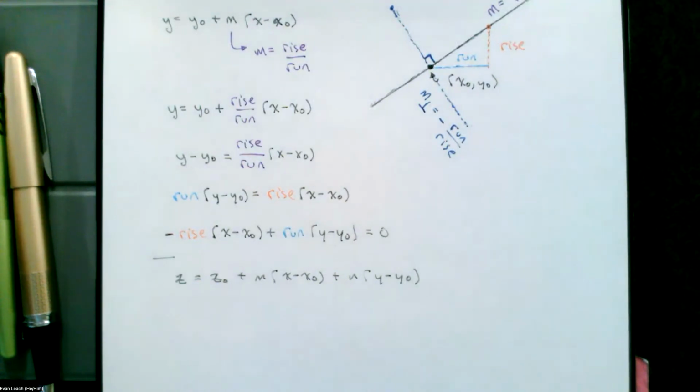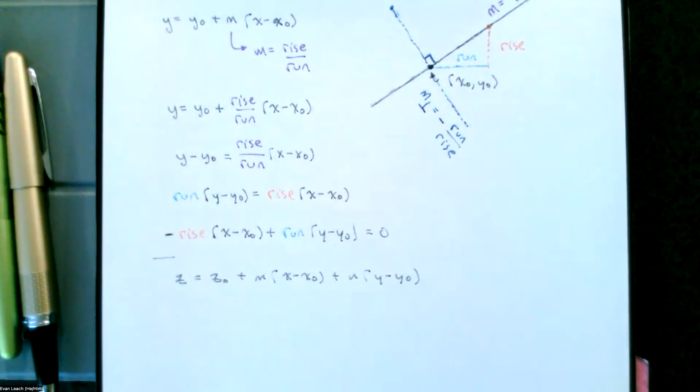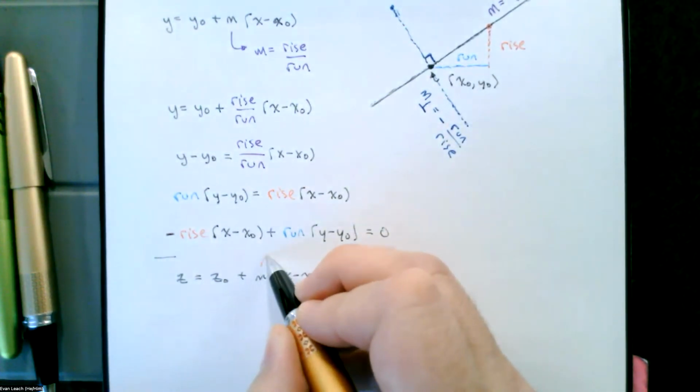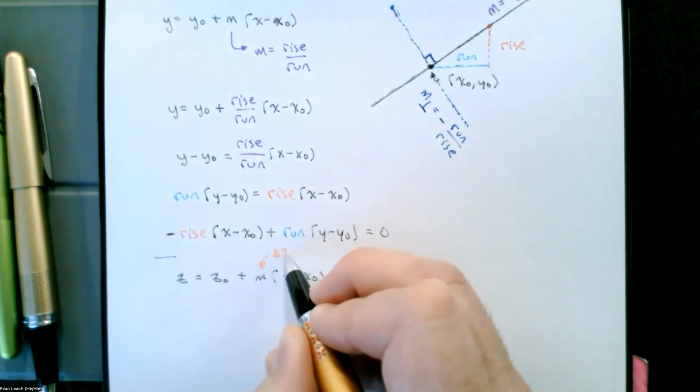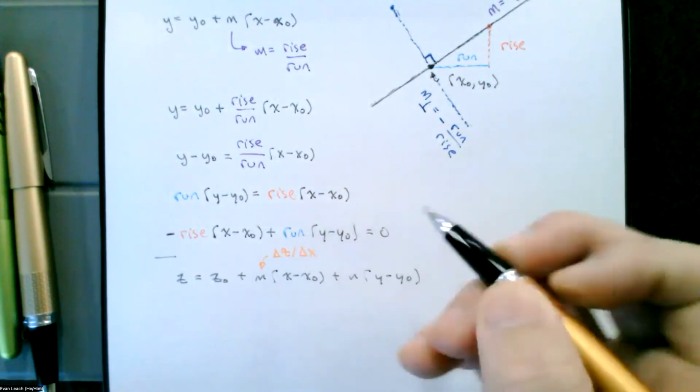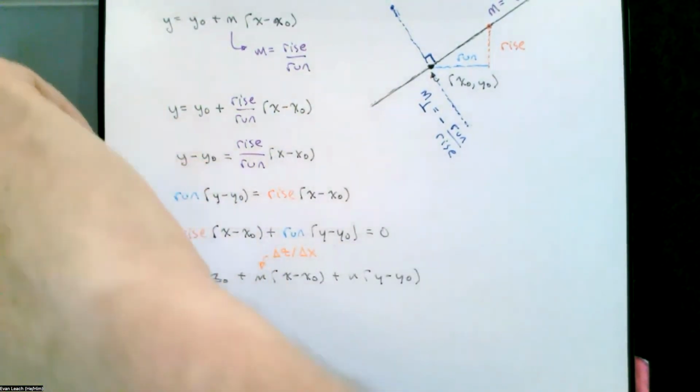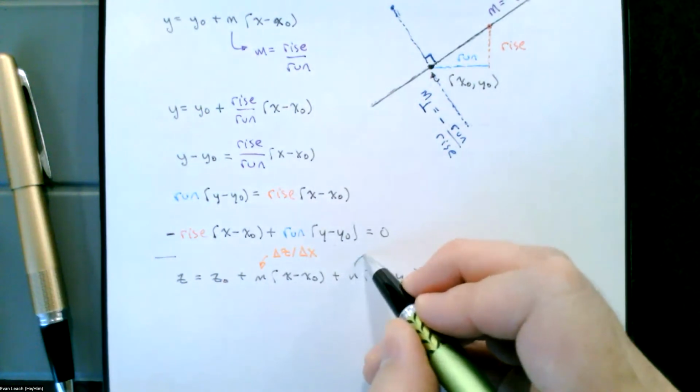We even know a little bit more. We know that this m should be the change in z with respect to x, and n is the change in z with respect to y.